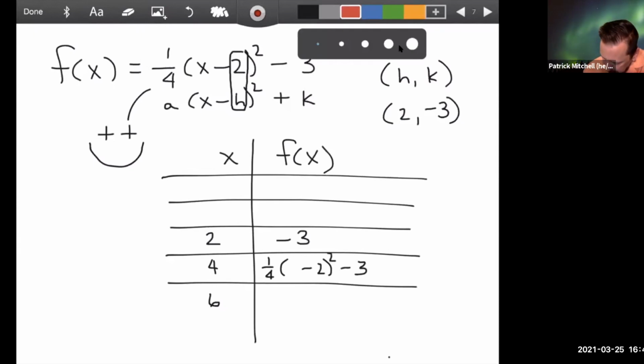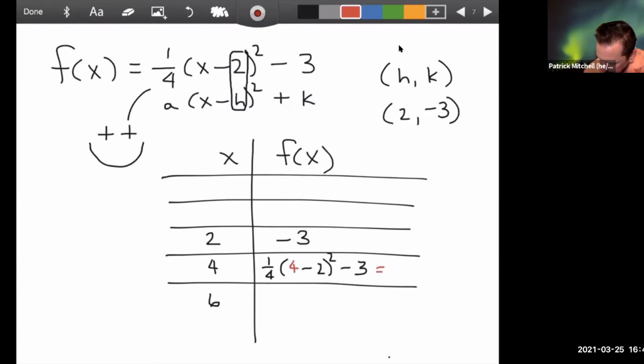Filling in the blank with a 4. 4 minus 2 squared is 2 squared. 2 squared is 4. And 1/4 times 4 is 1. That's the reason I used x equals 4 instead of x equals 3. Otherwise, it would have come out to a fraction. Okay, so the y value here is -2.